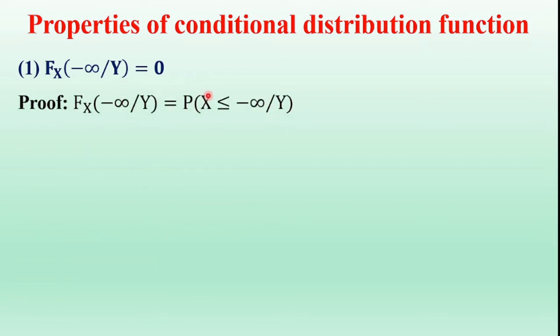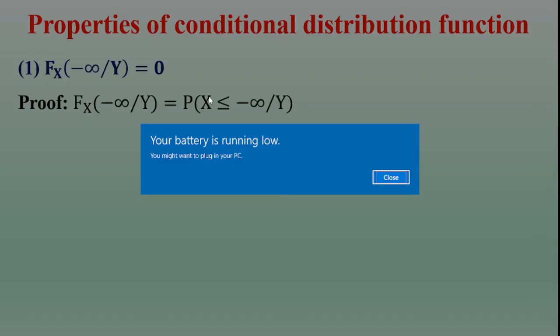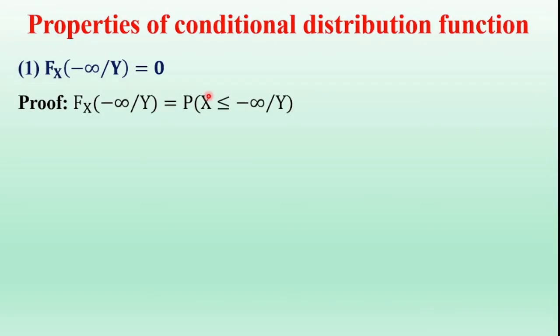The first property is Fx of minus infinity by y is equal to 0. The proof of this property is, we know that from the definition of the conditional distribution function, Fx of x by y is equal to P of X less than or equal to x by y. Now here x is minus infinity.